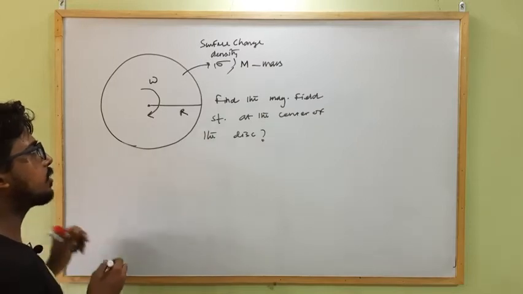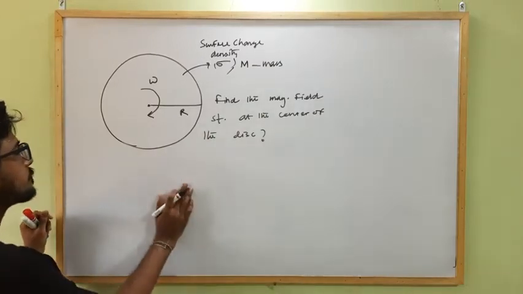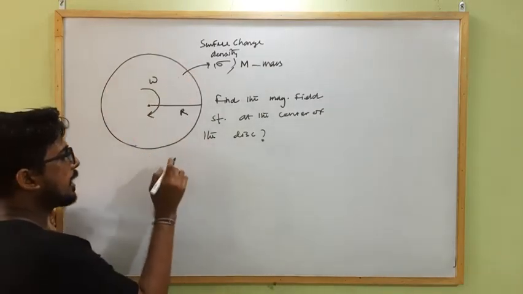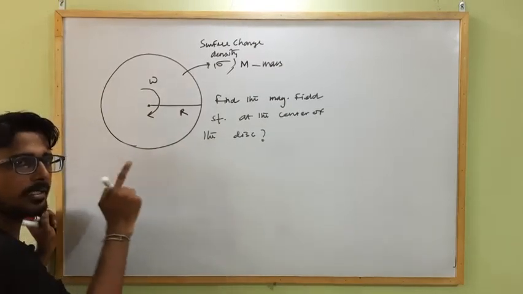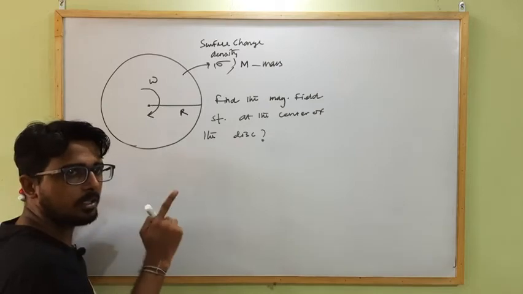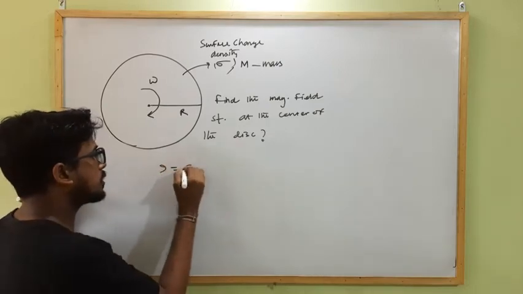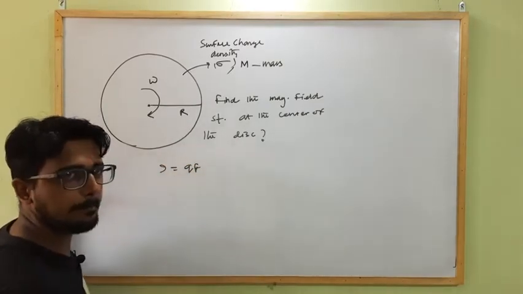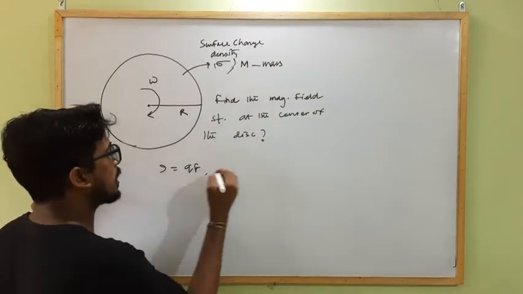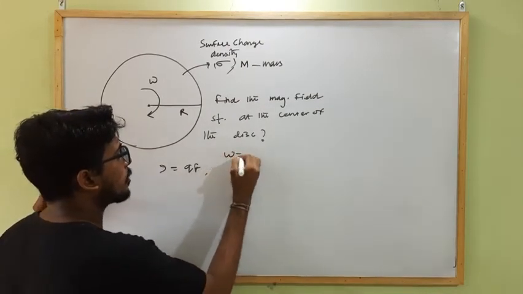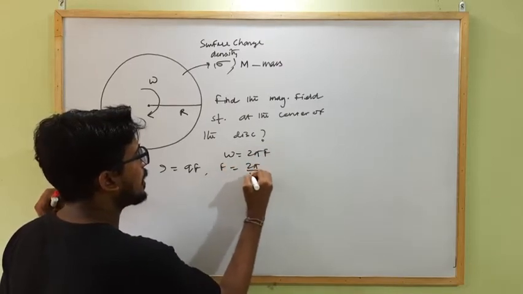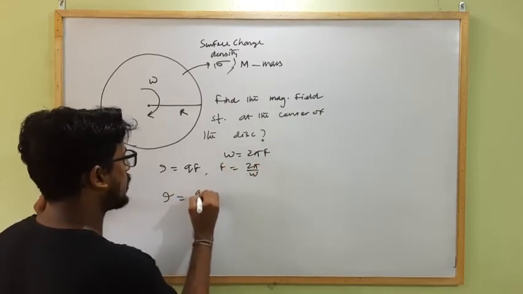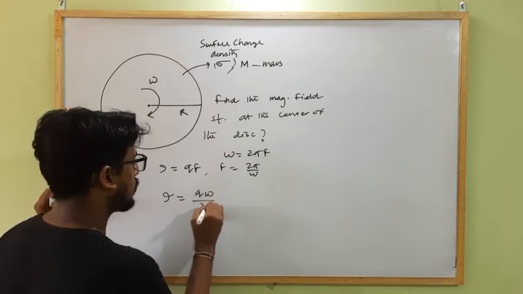So we already studied that a charged particle, if revolving in an orbit or circular path, acts as a current carrying conductor, where I equals charge into frequency, or in place of frequency we can write omega equal to 2 pi f. So f equals omega by 2 pi. So I equals q into omega by 2 pi.